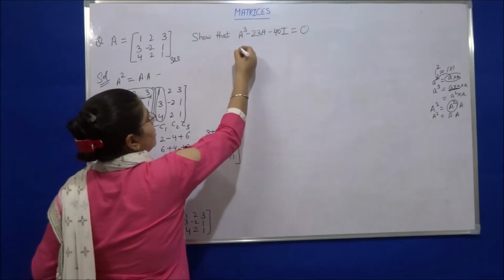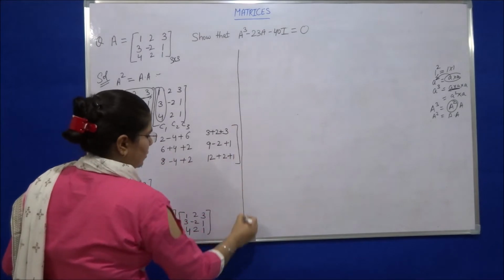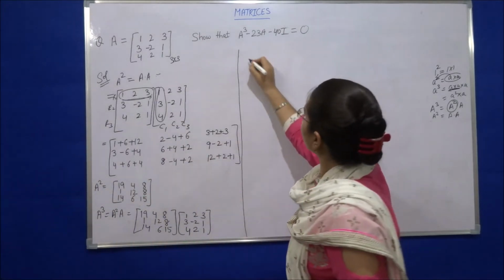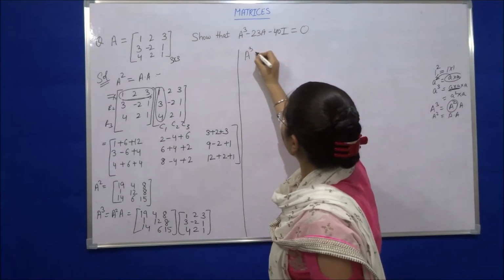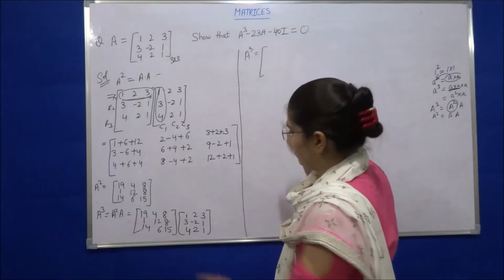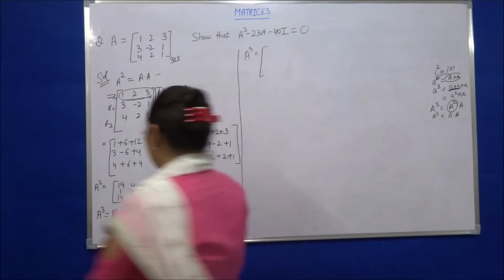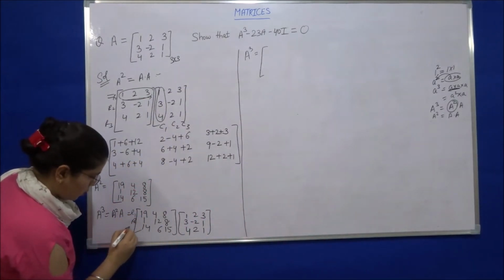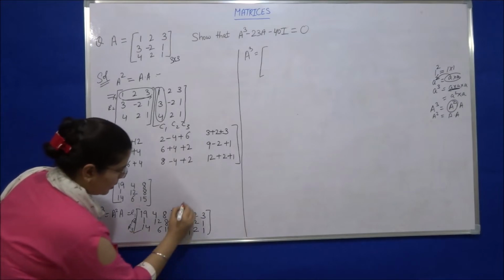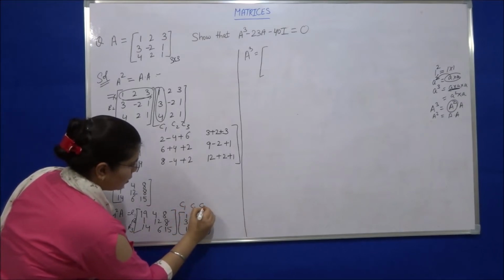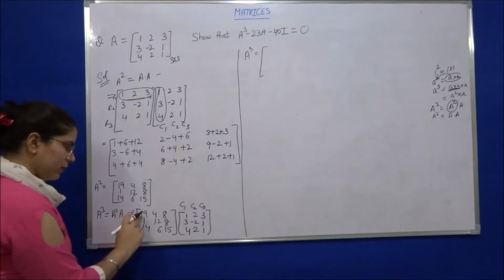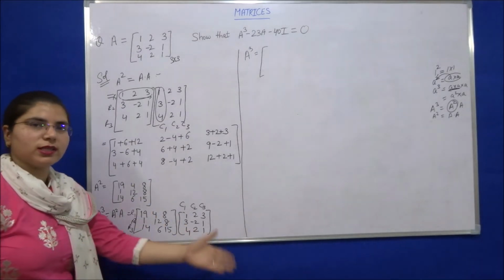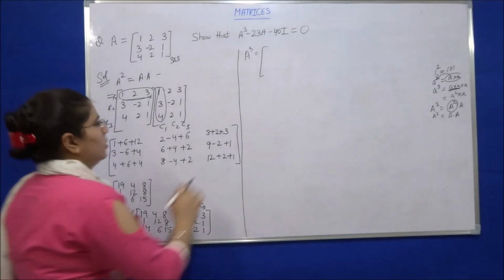Now let's move here. So the value of A cubed, again this is our row 1, row 2, row 3 and this is column 1, column 2 and column 3. Now we will multiply row 1 with the corresponding elements of C1, C2 and C3 respectively.